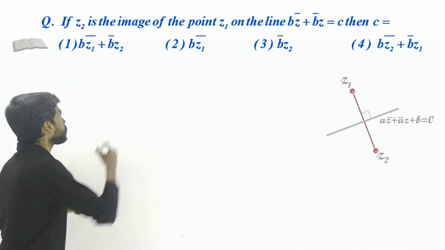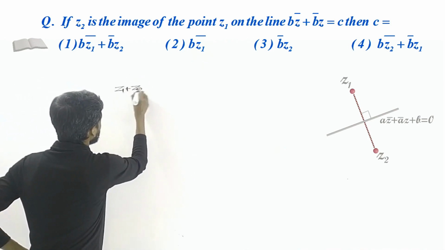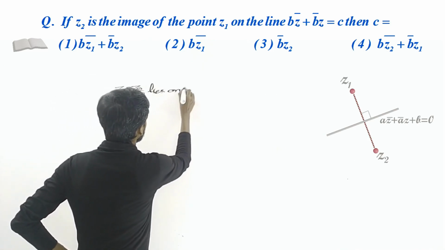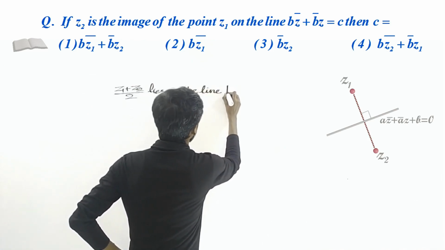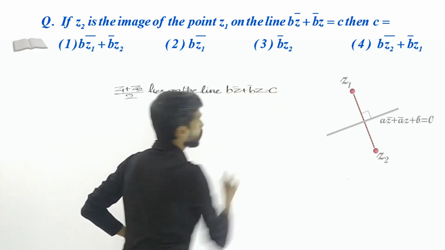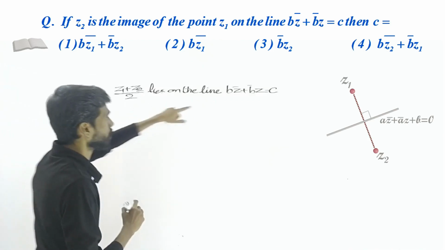See, first thing is z1 plus z2 by 2, that is a midpoint that lies on the line b z bar plus b bar z equals c, because these two are reflections of each other, so equidistant. Now let us substitute that here.